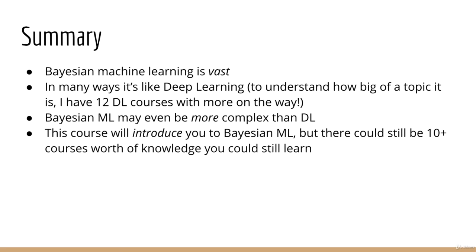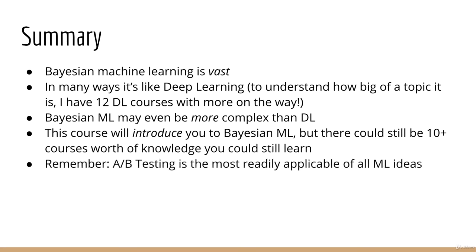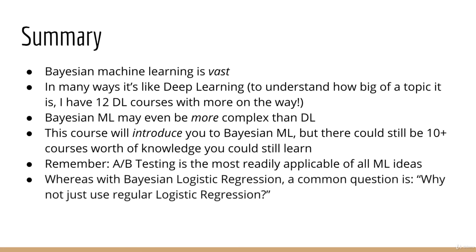I like the introduction to Bayesian machine learning in particular because it allows us to use the backdrop of A/B testing. A/B testing is one of the most, if not the most, real-world applicable concept in all of machine learning. So it's very easy to think of different ways to apply these concepts to the real world. This is opposed to, say, Bayesian logistic regression, where a common question might be, well, why don't we just use regular logistic regression?